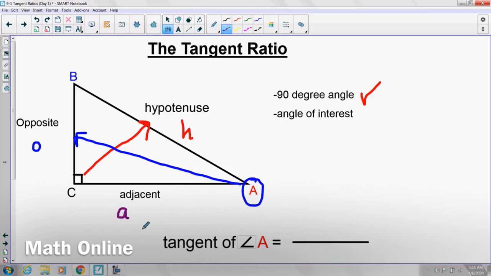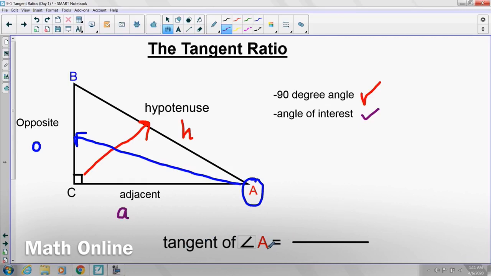All right, so those are the two things that you need to know. So let's put a little check. We need to know where's the 90-degree angle and what's across of it. We need to know where the angle of interest is at and what's across of the angle of interest. So here's the thing. Tangent of angle A has a ratio with numbers, but in general, this will always be true.